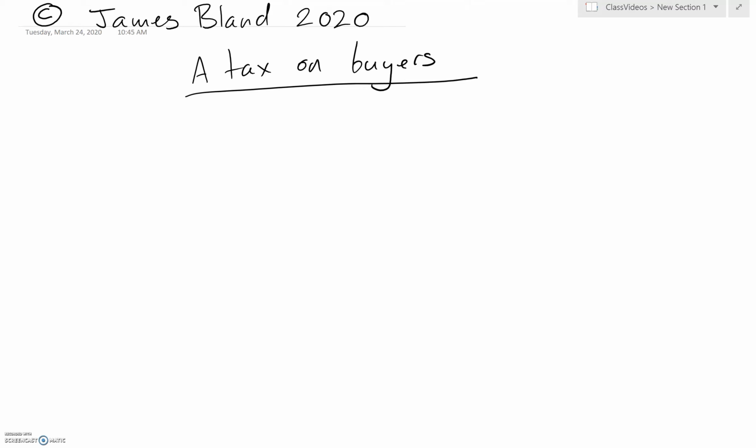Today we're going to learn a bit about what imposing a tax on buyers will do. So to begin with, let's have a think about the flow of goods and money in a market just between one buyer and a seller. Whenever a trade happens in the market, there is a buyer and a seller.